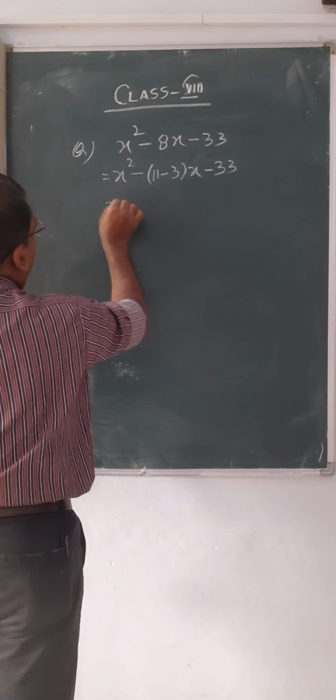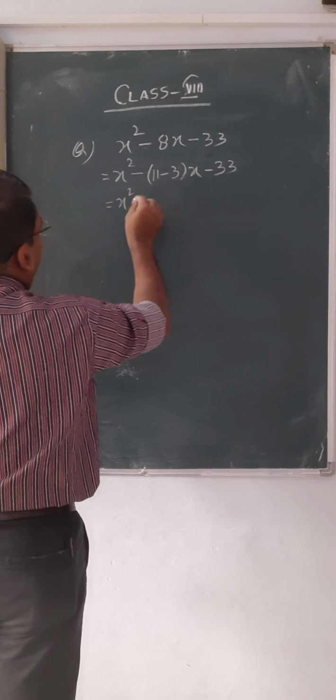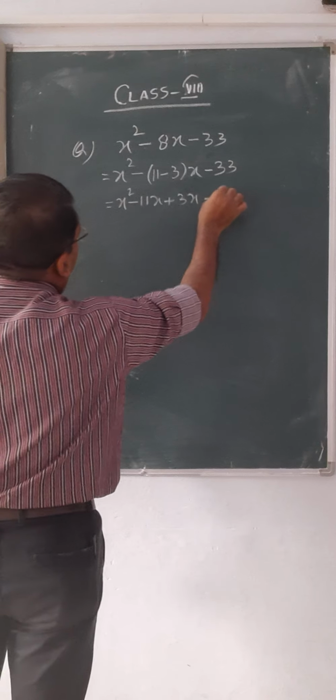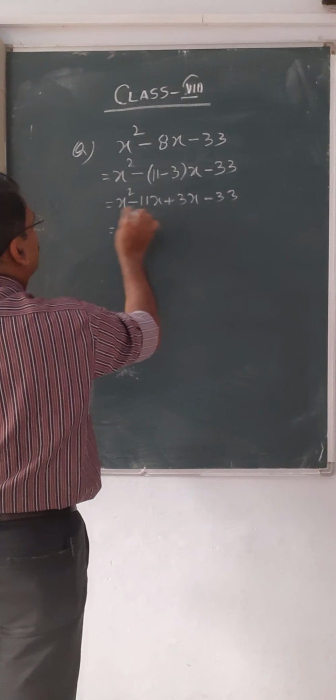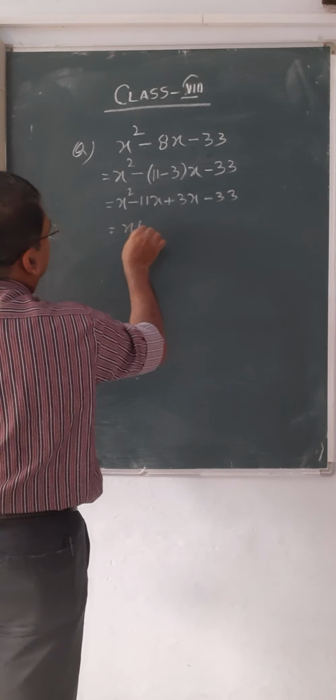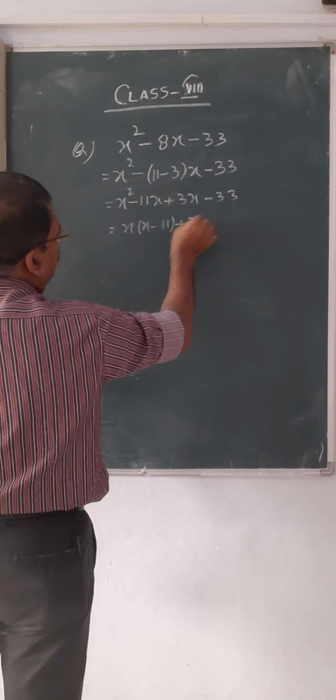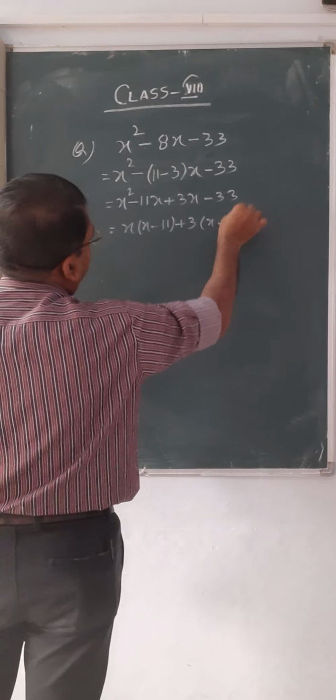Now when you open the bracket, x square minus 11x plus 3x minus 33. Now from the first two terms take x common, so x minus 11. Then from the next two terms take 3 common, so again x minus 11.